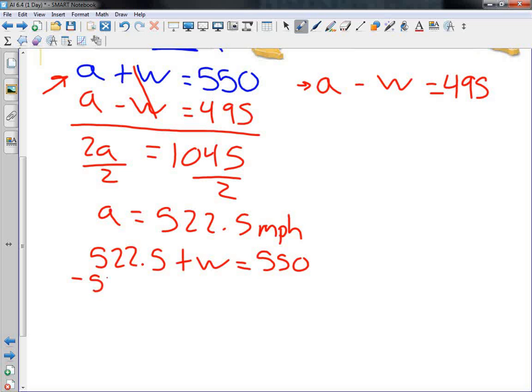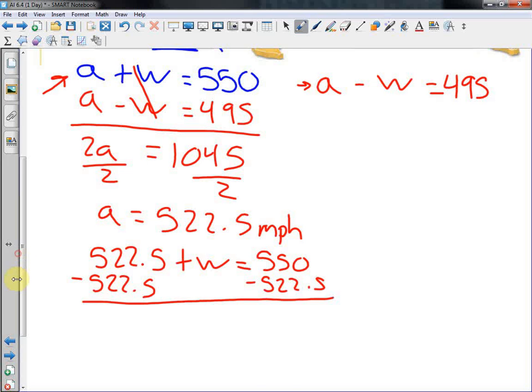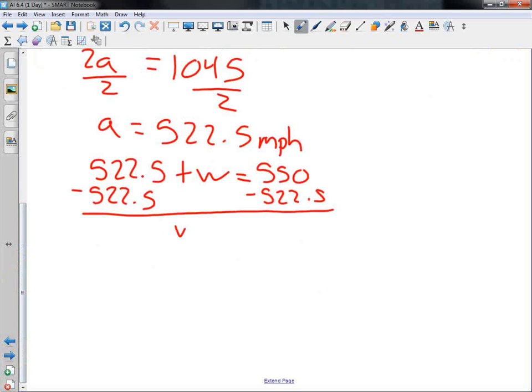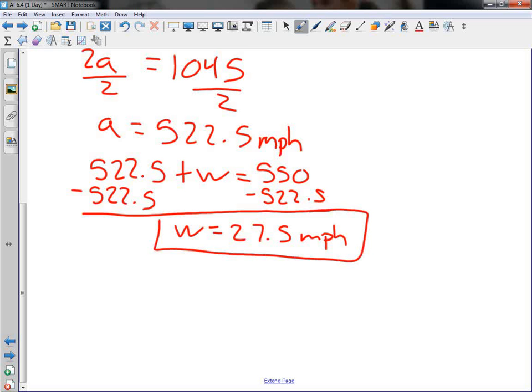Subtract 522.5 from both sides. I get W is equal to 27.5 miles per hour. So my wind speed is 27.5 miles per hour.